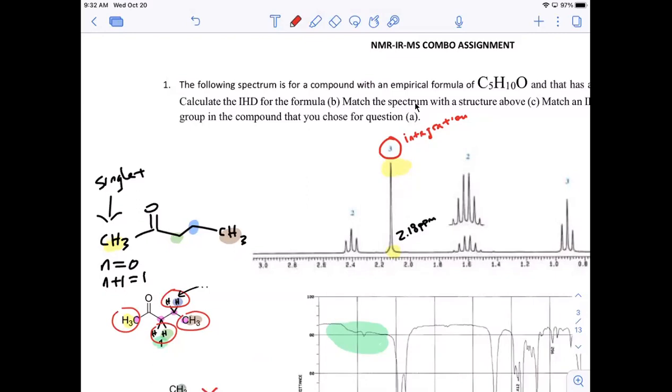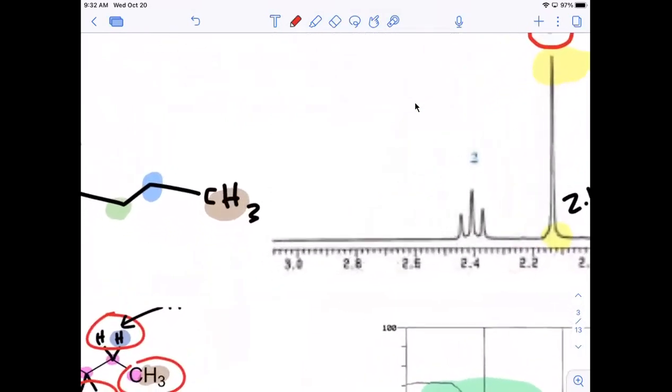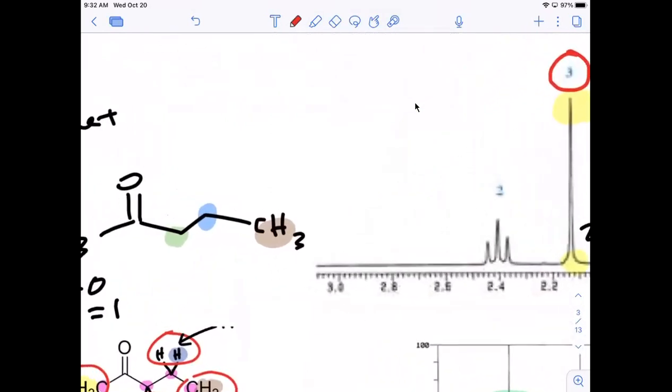All right, let's go down to the CH3 down here. And remember, there are 2 protons on this carbon. So what is N for that CH3 on the end? 2. N is 2, right? Because there are 2 protons next door to it.